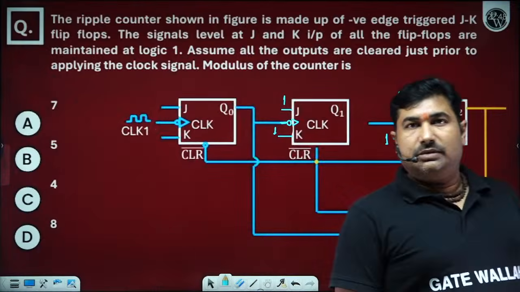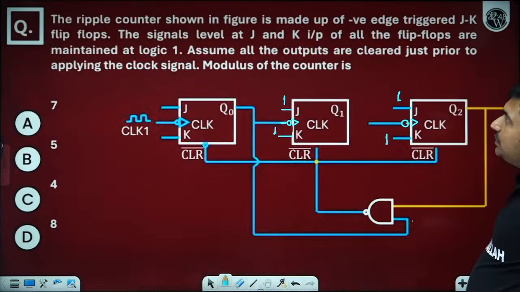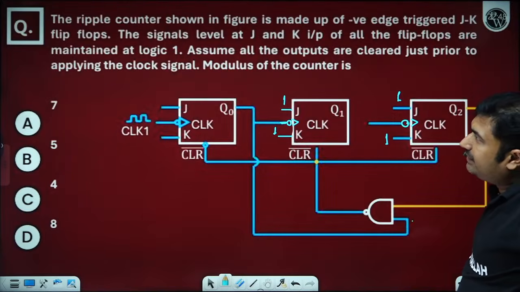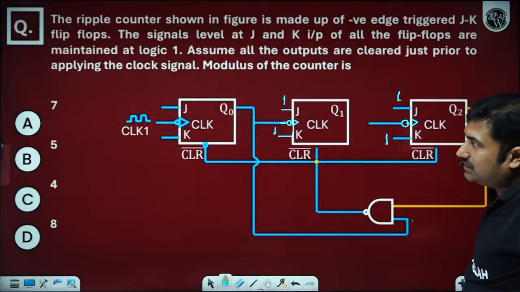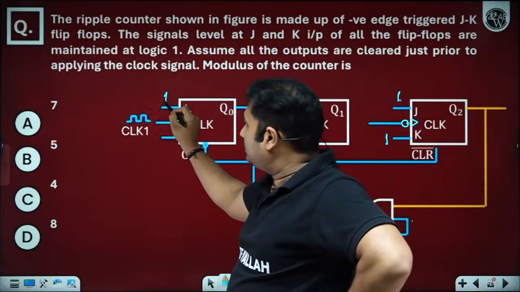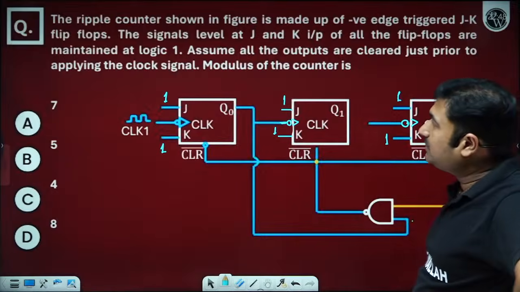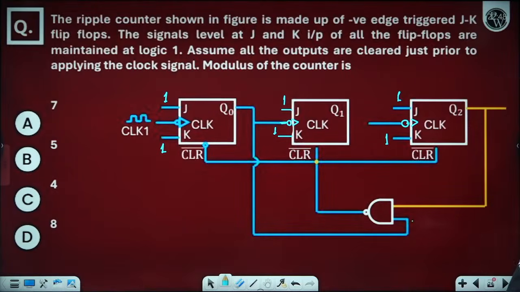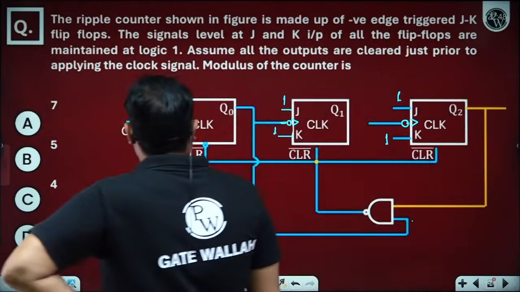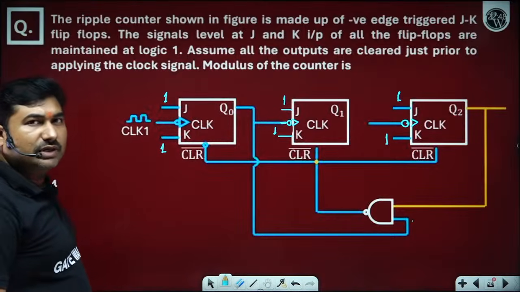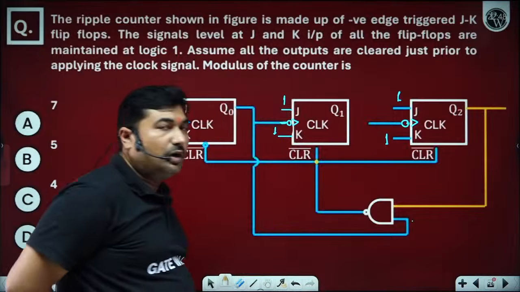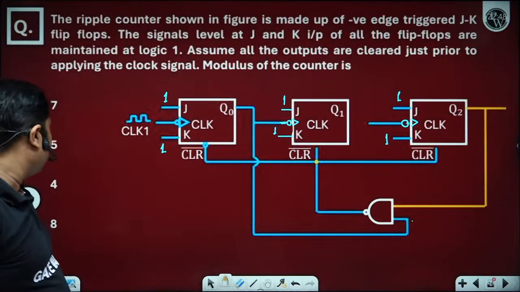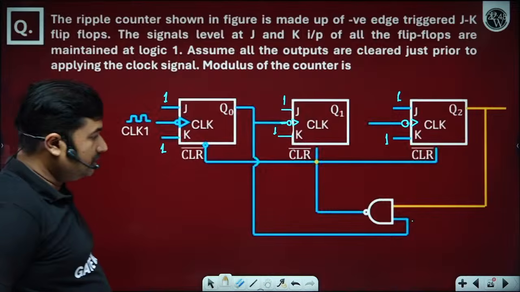Okay, please observe. The ripple counter shown in the figure is made up of negative edge triggered JK flip-flops. The signal level at the J and K inputs of all flip-flops is maintained at logic level 1. So the input to J and K is 1, 1. It means the JK flip-flops are operating in toggle mode. Assume all the outputs are cleared prior to applying the clock signal. The modulus of the counter: you have to identify whether the counter is a mod 4, 5, 6 or 8 counter. What is the mod of the counter?